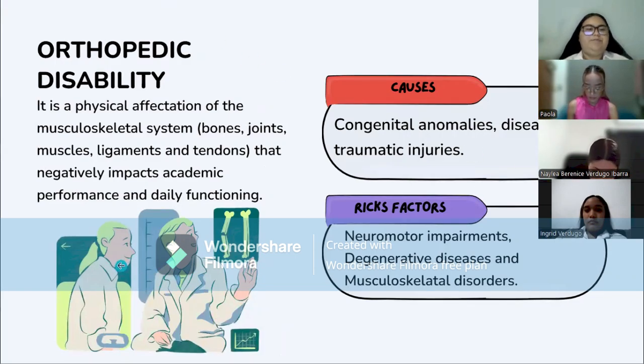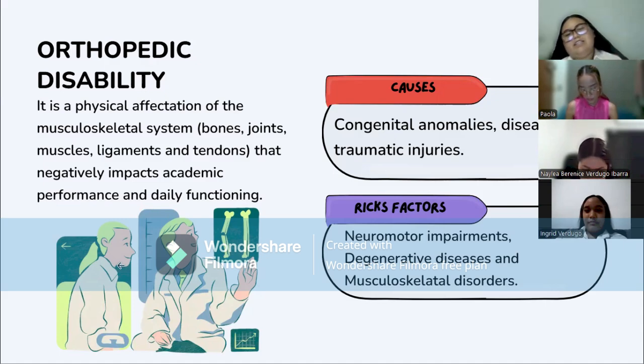Orthopedic disability. It is a physical affection of the musculoskeletal system, bones, joints, muscles, ligaments, and tendons that negatively impacts academic performance and daily functioning.